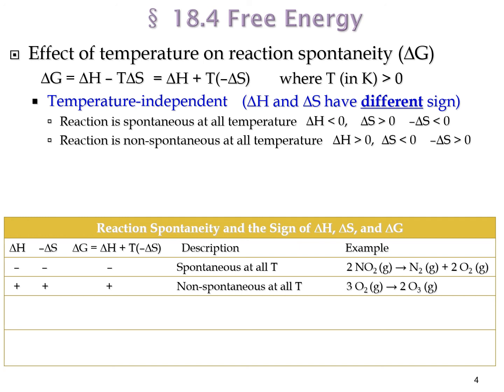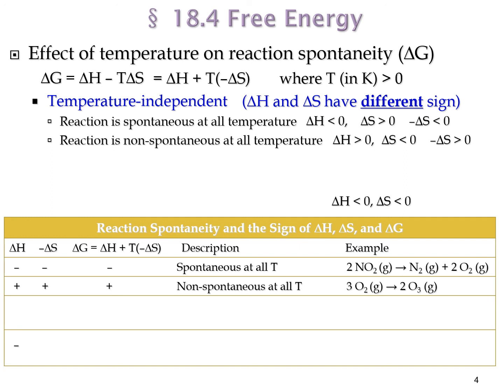If delta H is negative, delta S must be positive. If delta H is positive, delta S must be negative. All right, what about the other two combinations in which both delta H and delta S have the same sign?